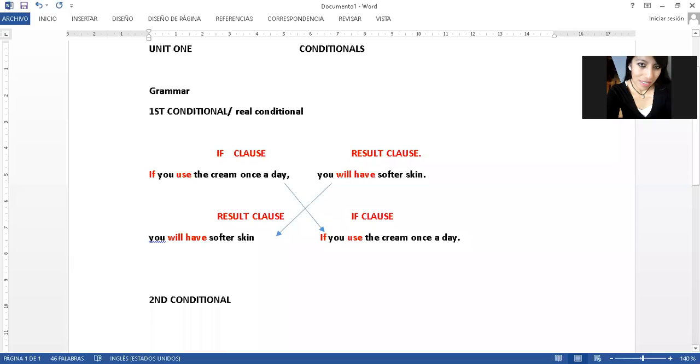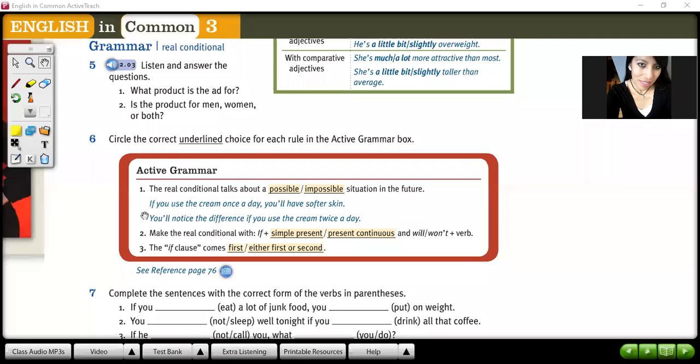And in the book that I am showing you, here we have the second sentences. You will notice, you'll is a contraction of will. You will notice the difference if you use the cream twice a day.